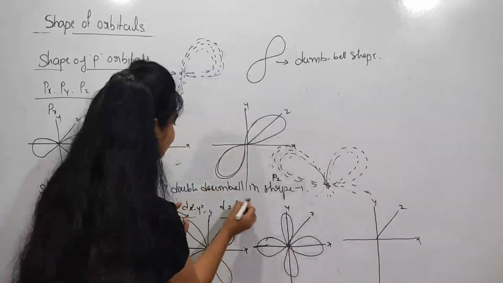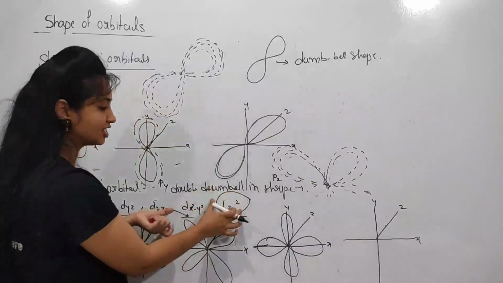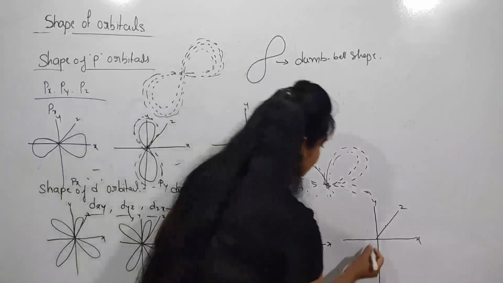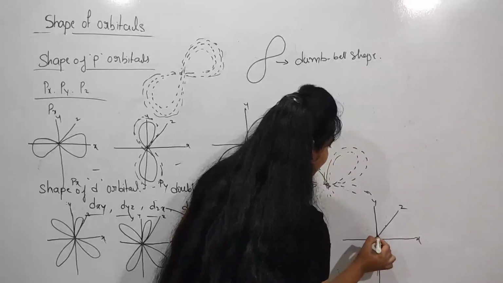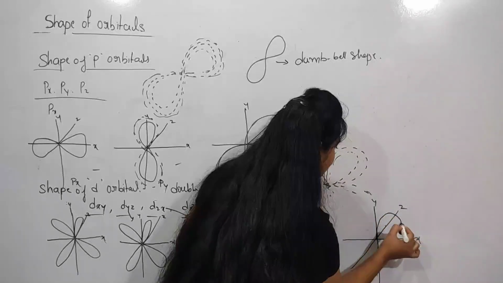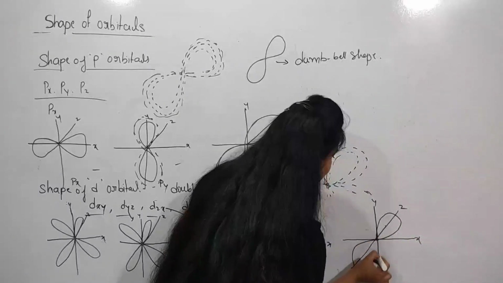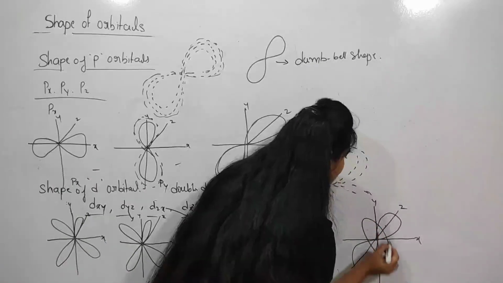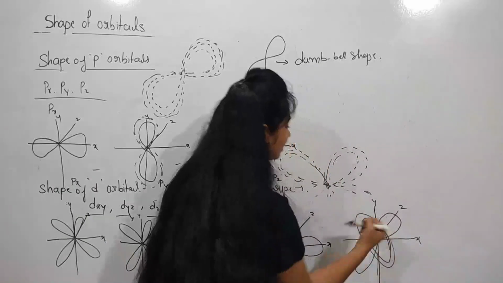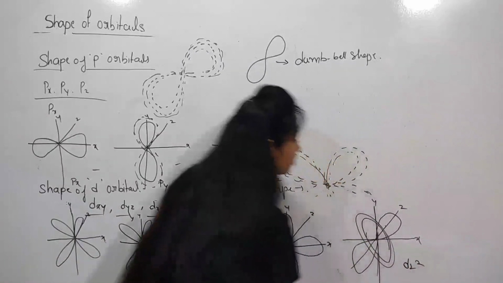Next, here I draw the dz square orbital. Here the double dumbbell shape lies like this. This is our one dumbbell shape and another is surrounding it like this. This is our dz square.